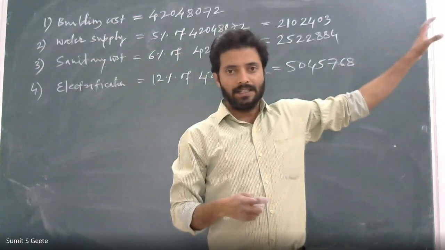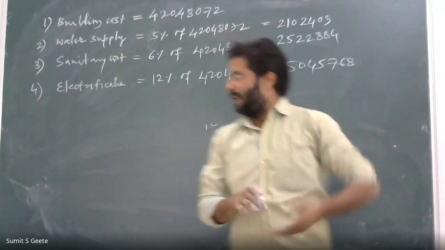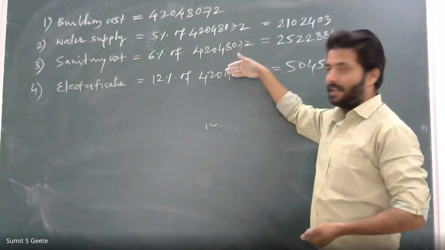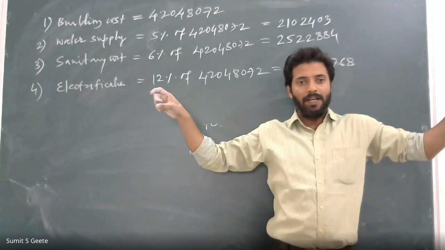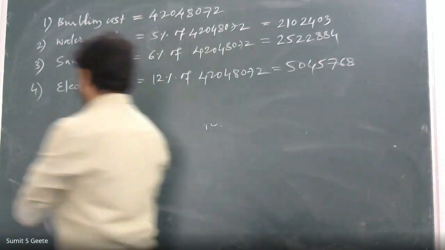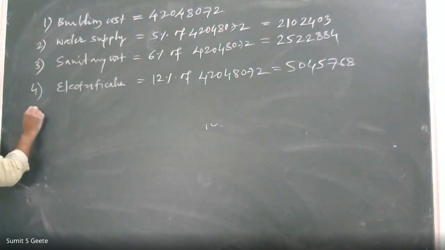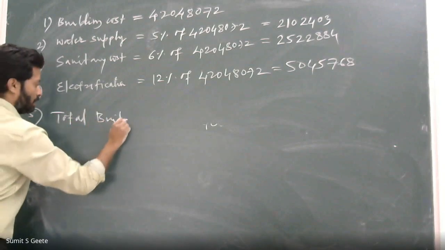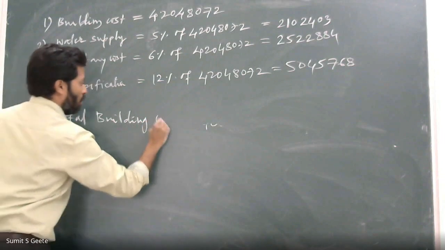Now what does this indicate? If I add this building cost plus water plus sanitary plus electrification, this becomes my total building cost. So the fifth parameter is total building cost.